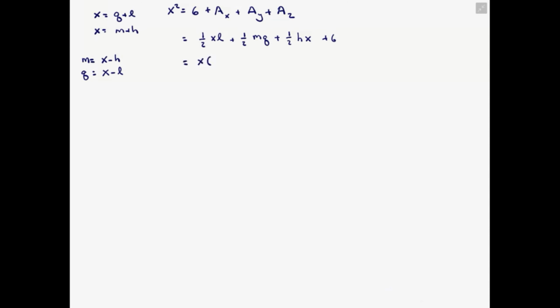So we have x times L, and L is x minus q on 2 plus 1/2 m times q. So m is x minus h, and q is x minus L. All right, so I got that.